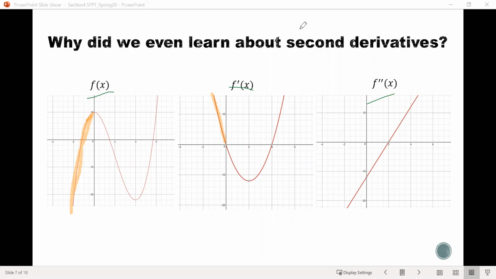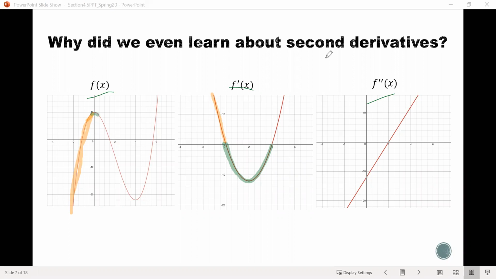If we now look at the values of the derivative between 0 and 4, notice that there the values of the derivative are negative, which means that the function is decreasing.